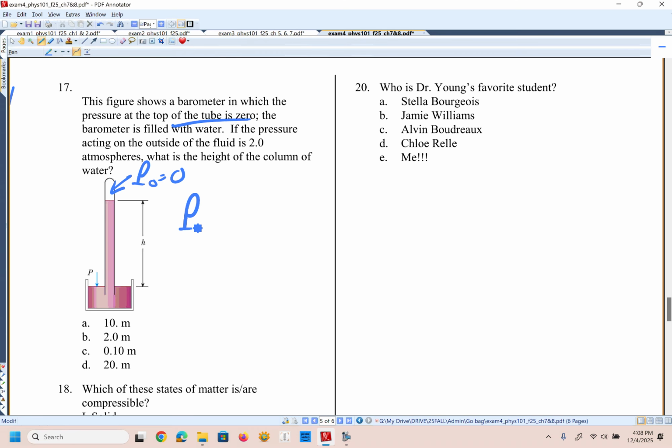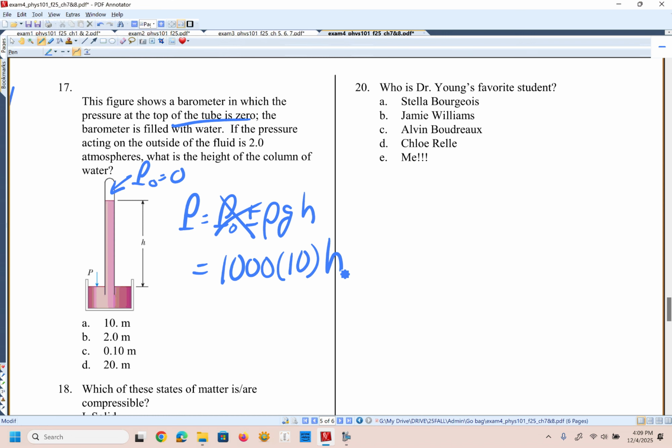Normally I would say P equals P naught plus or minus rho GH, but here this term just goes away, so I don't need to worry about it. So P is rho, this is water, so rho is 1,000, times 10, which is G, times H, which is what I'm looking for. And then P is 2 atmospheres.